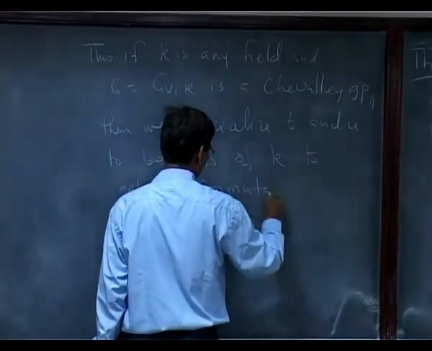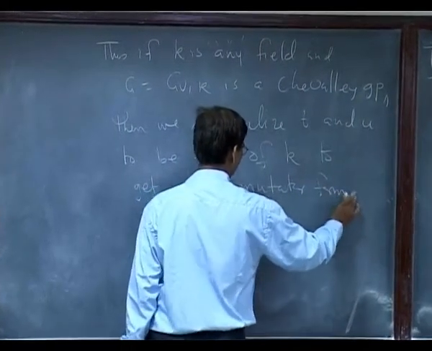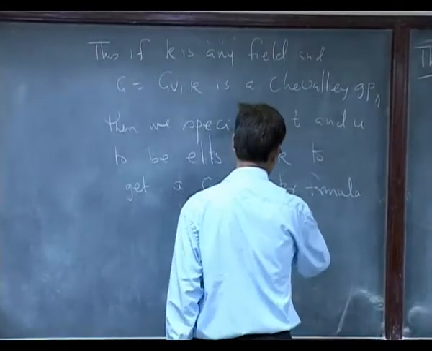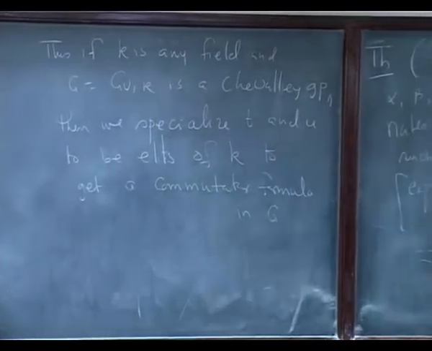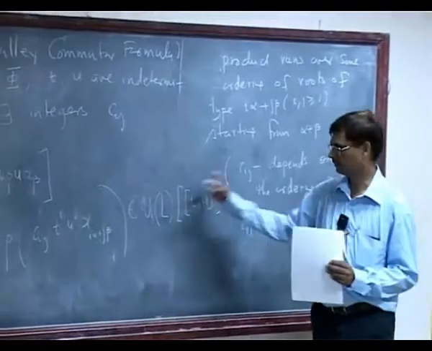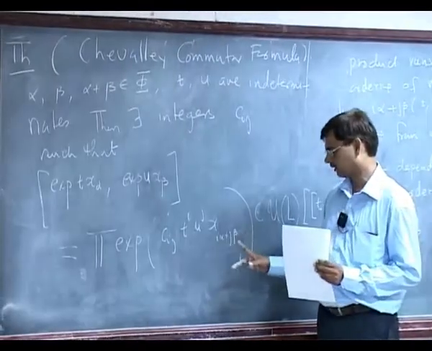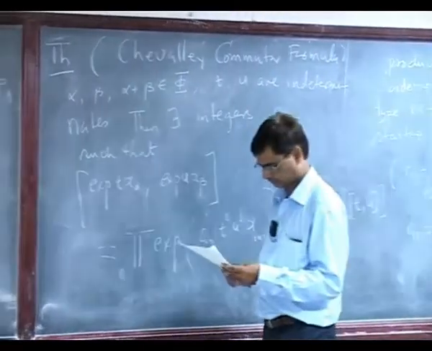in G. So that means the commutator formula holds for any Chevalley group. This is the general statement, and these integers also depend on the ordering. The first one is N alpha beta and so on.